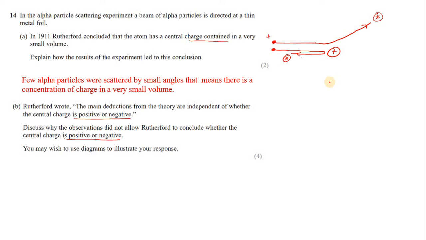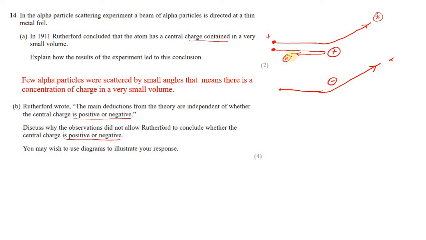Meaning, suppose the nucleus has a negative charge, and one alpha particle is coming from this side, so it is possible that due to attraction, this particle comes this way. So we observe this. The difference between these two observations is, this is the force of repulsion between the nucleus and the alpha particle, and we have a deviation, and this is attraction between a negative nucleus and a positive alpha particle.